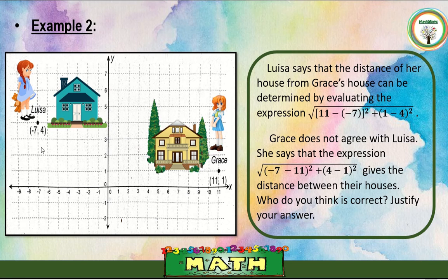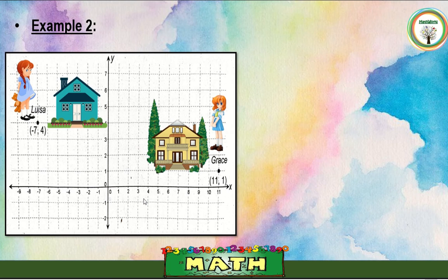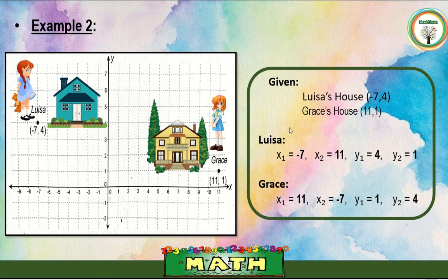So, again, as you can see, Louisa's house is located at negative 7, 4, while Grace's house is located at 11, 1 in our coordinate plane. So, given, Louisa uses x sub 1 is equal to negative 7, x sub 2 is equal to 11, y sub 1 is equal to 4, and y sub 2 is equal to 1.